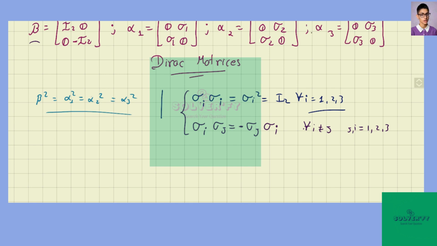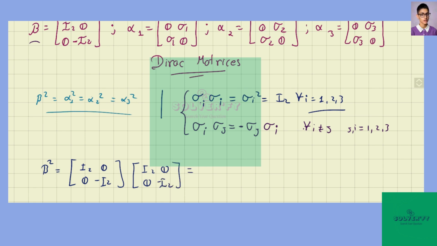Having in mind these properties of the Pauli matrices, we can infer the properties of the Dirac matrices. For the beta matrix, this is trivial. If we square it, this corresponds to multiplying the matrix with the identity matrix 2 by 2, the 0 blocks, and minus the identity, with itself.